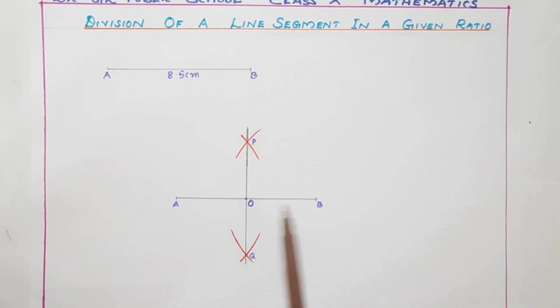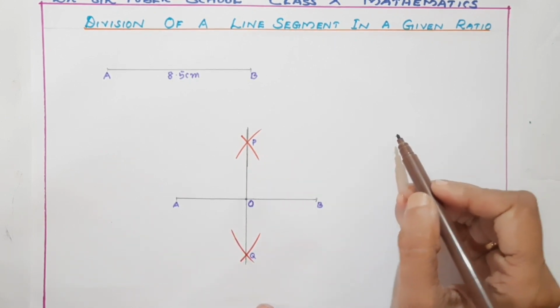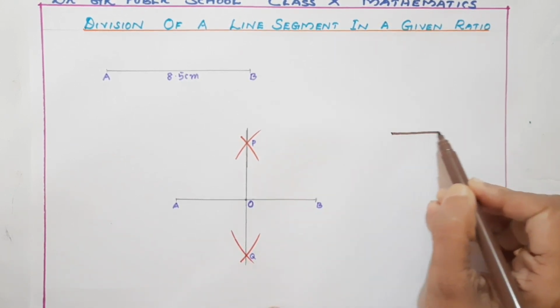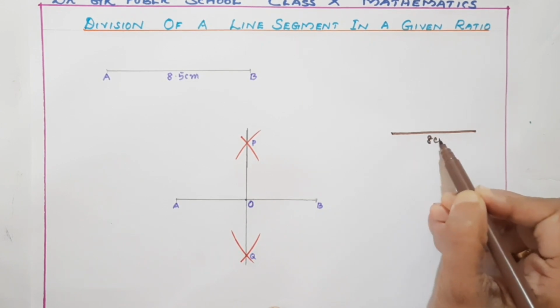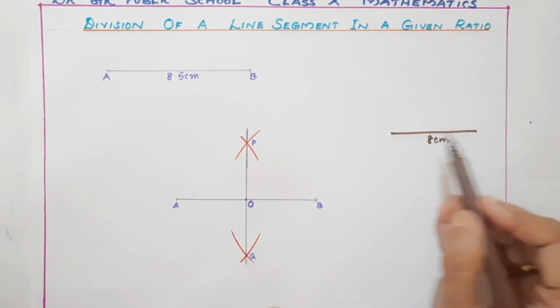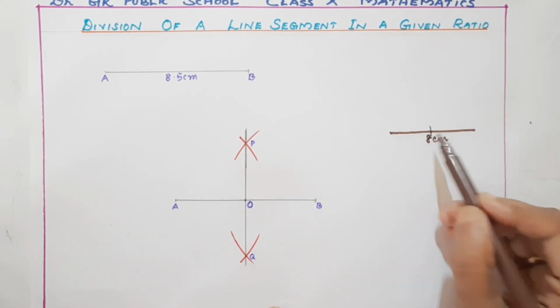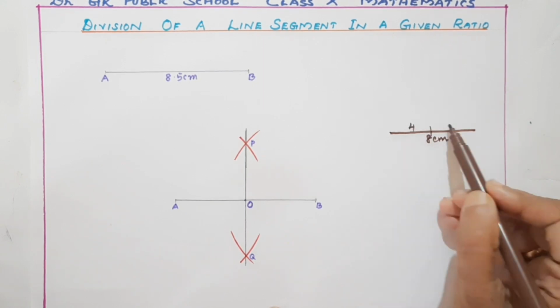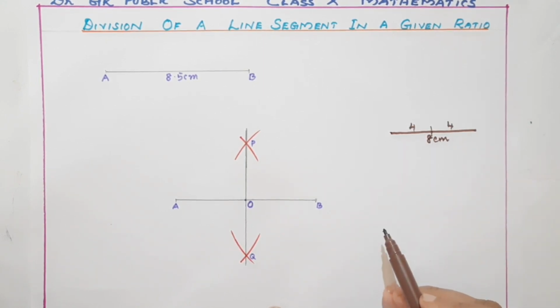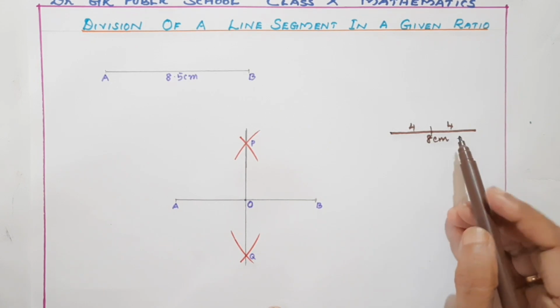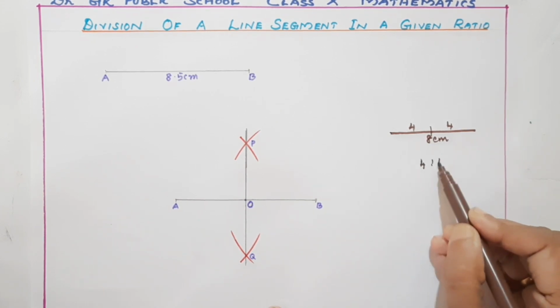If you are dividing an 8 centimeter line segment into two equal parts, we will get each part as 4 and 4. So what is the ratio now? 4:4.